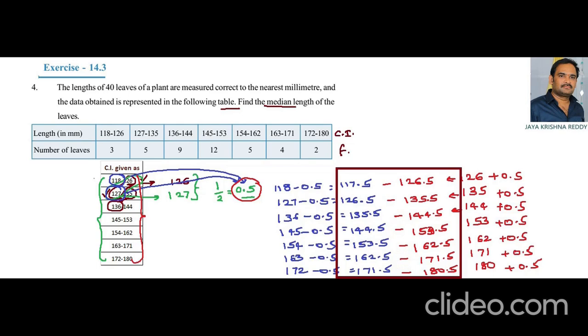Here you can observe the class intervals are now continuous. See, 126.5 and the lower limit of the next class interval 126.5 are both equal, and the upper limit of the second class interval 135.5 matches the lower limit of the next class, 135.5. Here 144.5 and 144.5. Now the given class intervals have become continuous class intervals.